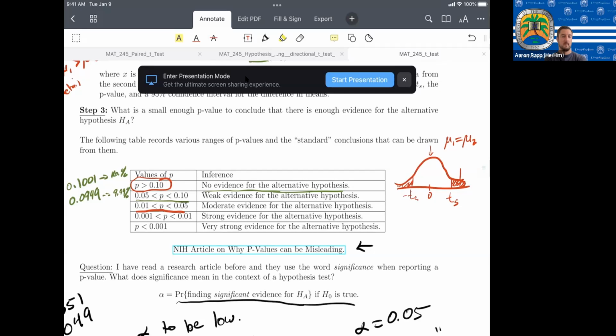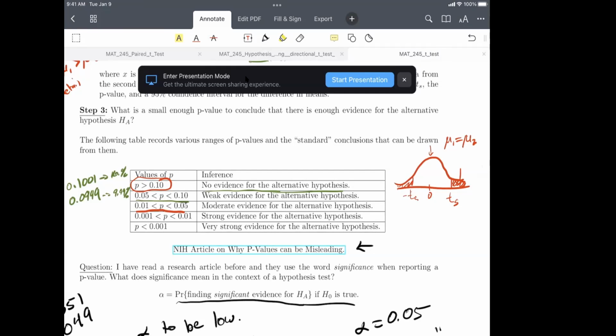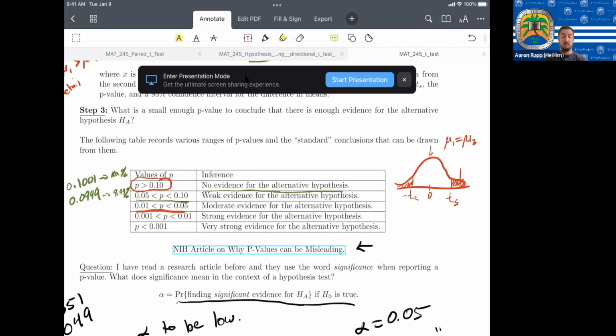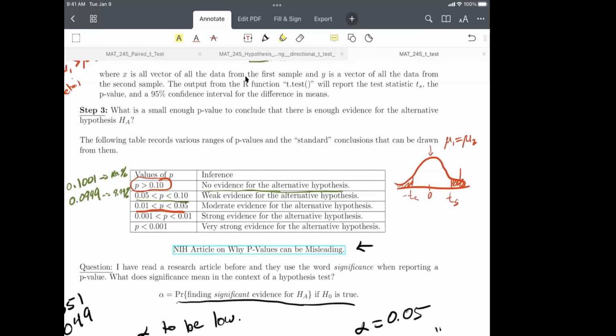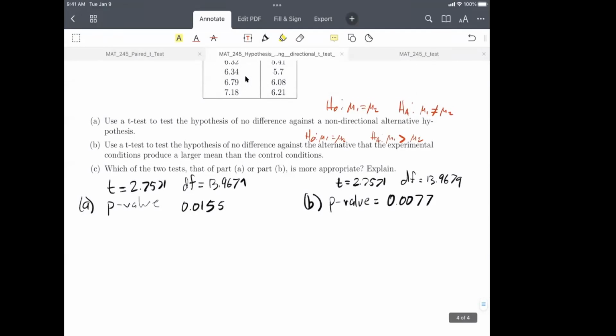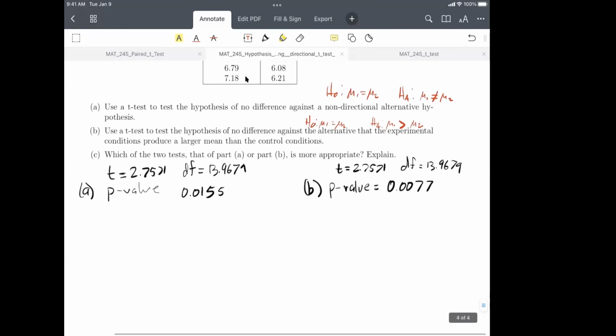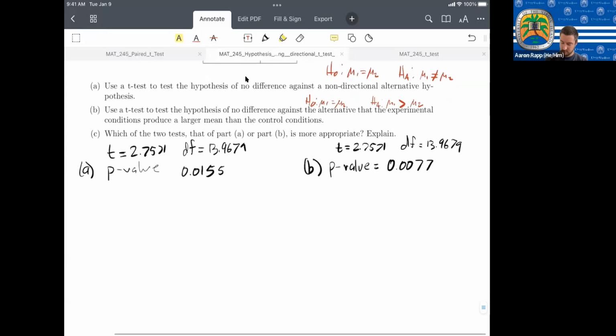Moderate to strong. Yeah, I would probably say more moderate, but moderate to strong also.